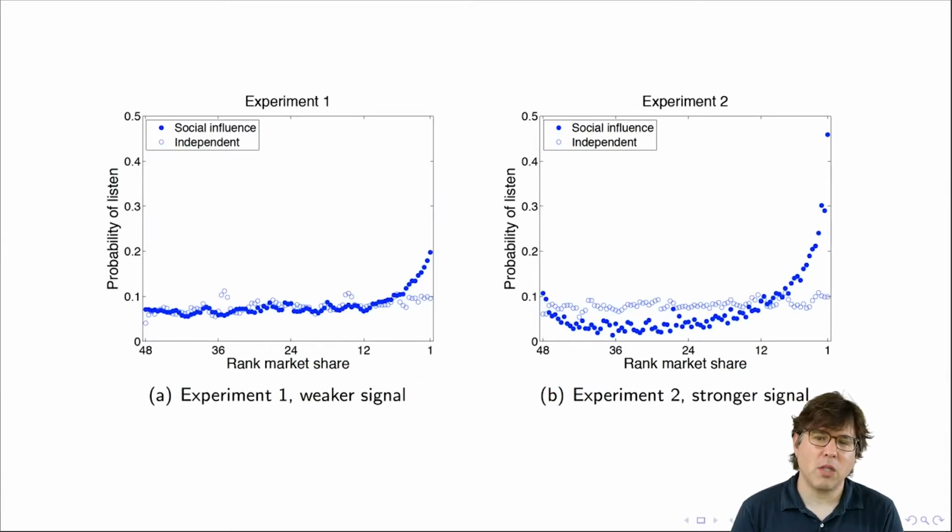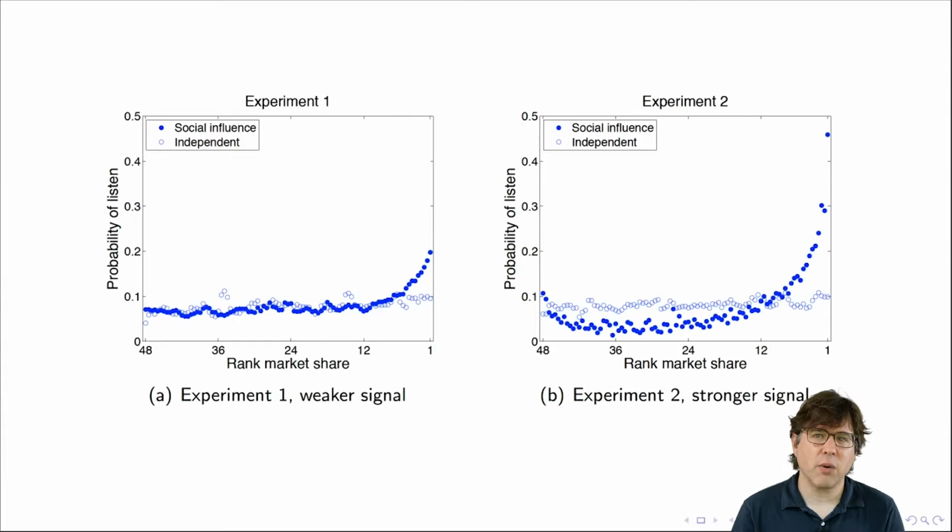And in experiment 2, they are more influenced by the popularity information. So in experiment 2, the probability that someone would listen to the most popular song was almost 0.5, whereas in the first it was about 0.2. So the change in the design that we made of the listening screen had the effect that we thought it would have at the individual level.